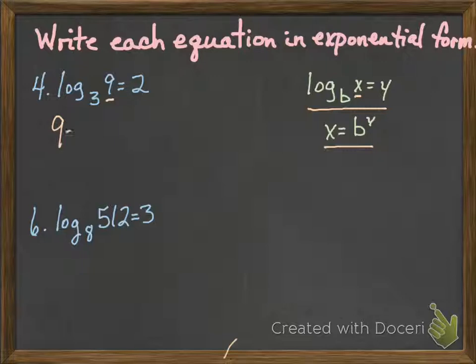So 9 is equal to base of 3 to the 2nd power. Okay. Number 6, log base 8 of 512 is equal to 3. So our x again is 512, is equal to base of 8 to the 3rd power.